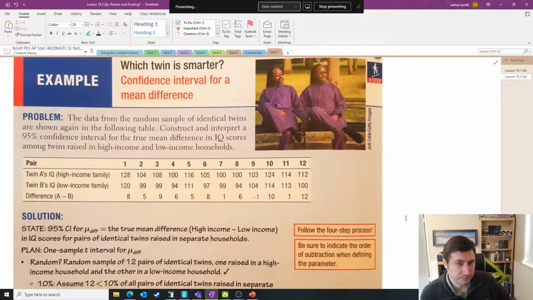So, which twin is smarter? You guys know that identical twins are like gold mines for human experiments and such, because they have the same DNA, and so you can do a lot of things like, hey, how do humans react? Because now you have your control and experiment and everything.